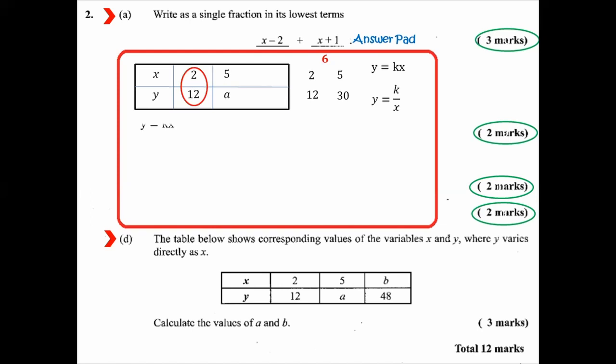So we're going to use y equals kx, the direct variation, and we're going to use this complete ratio here with the formula. The y value is 12 and the x value is 2. When we divide both sides by 2, we end up with k equaling 6, just as we assumed initially.